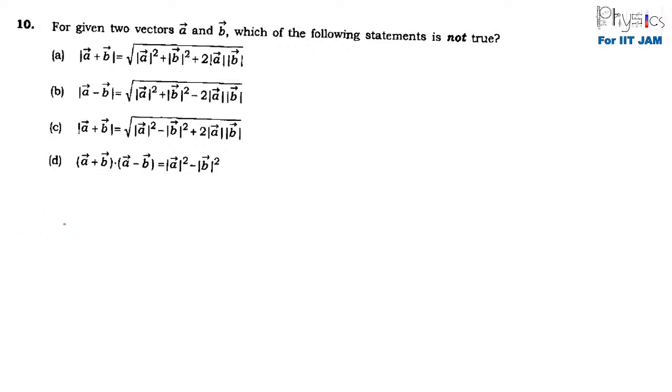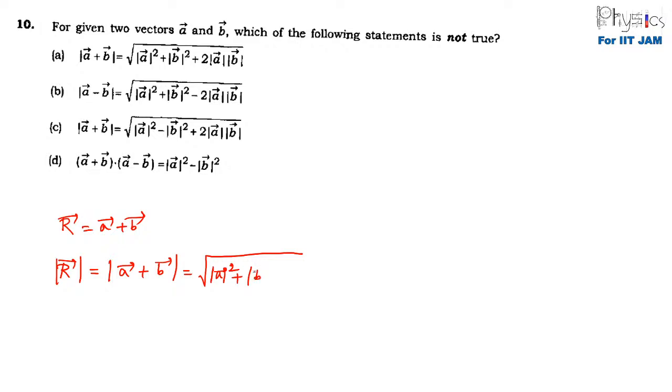So, I hope all of you remember one thing, that is, if R vector is the resultant of two vectors, a vector plus b vector, then mod of R vector equal mod of a vector plus b vector equal root over mod of a vector square plus mod of b vector square plus 2 mod of a vector times mod of b vector cos of theta, right?